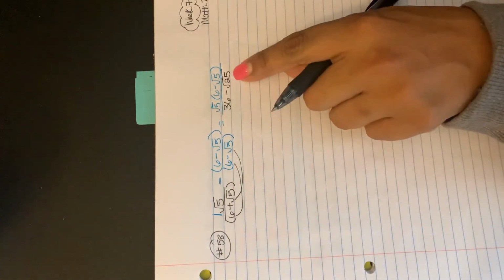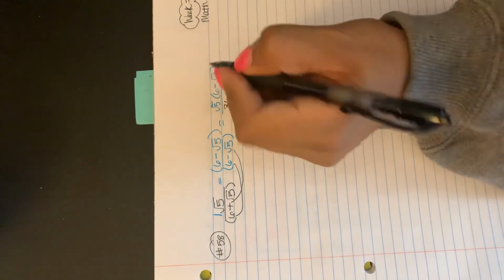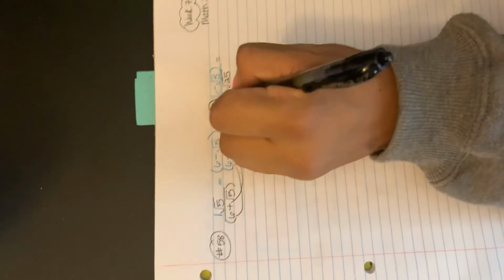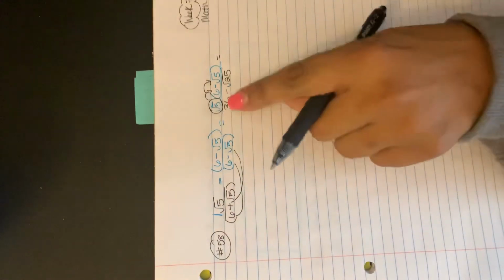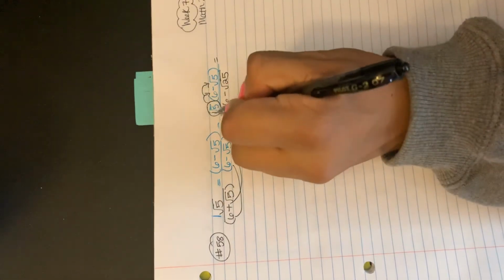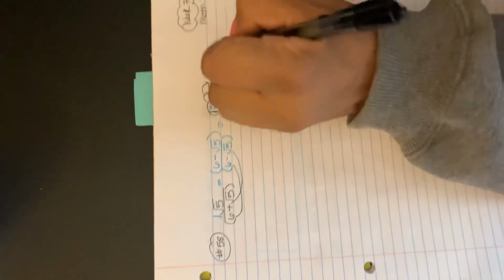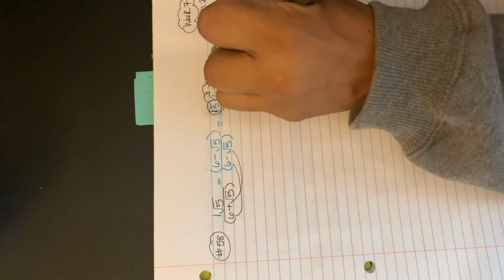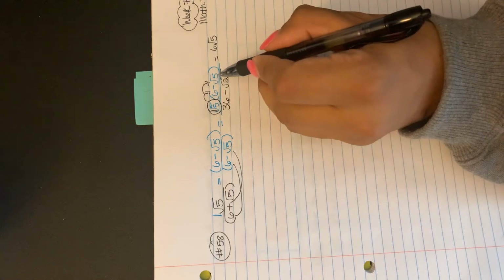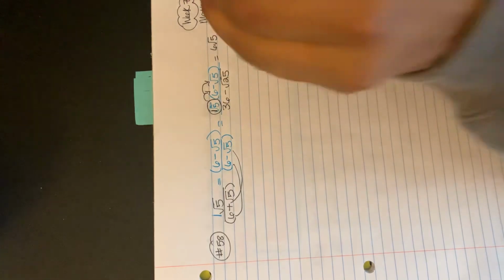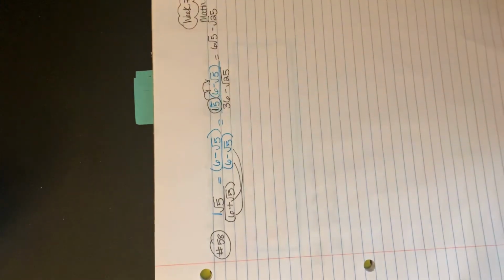We know this creates a perfect square, it's 5. This square root 5, we're going to multiply here and here, but remember, you're not multiplying these two numbers, because this is a whole number, you're going to multiply it by 6 times 1 is 6 square root 5, and then you have square root 5 times square root 5 minus square root of 25. So we're going to simplify there as well.